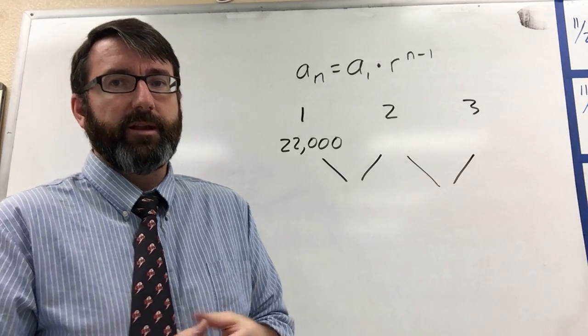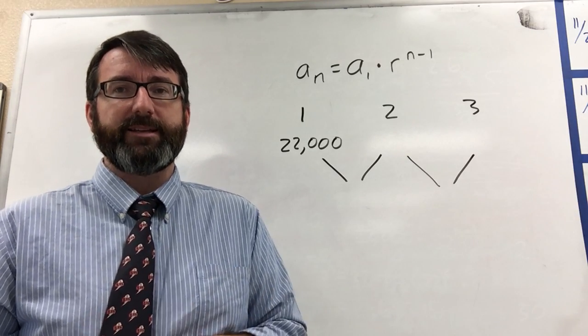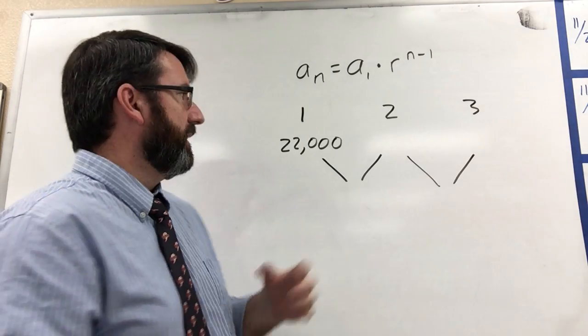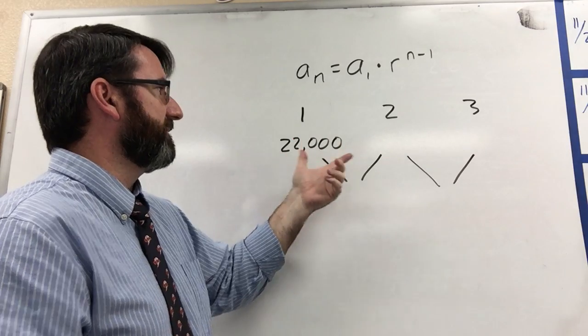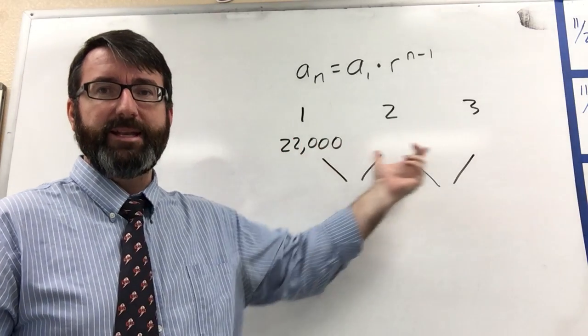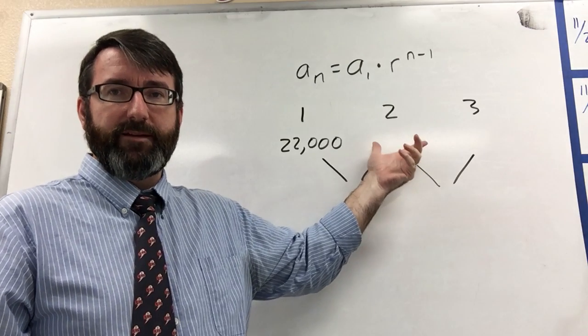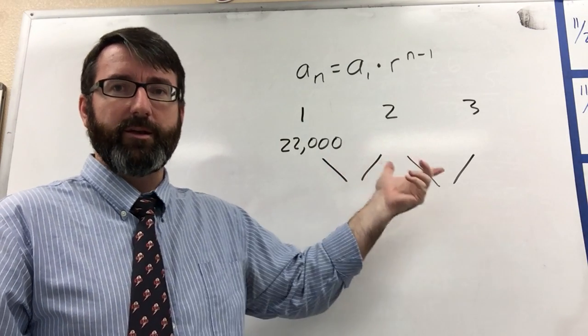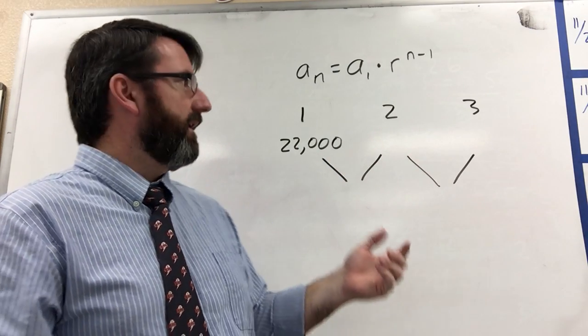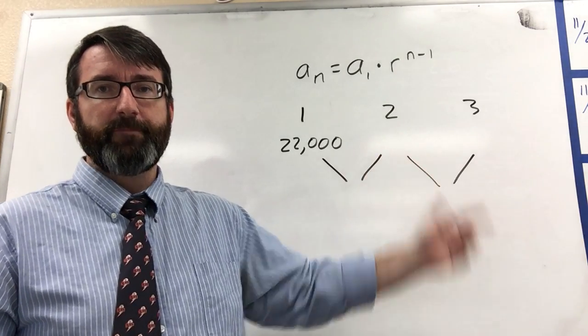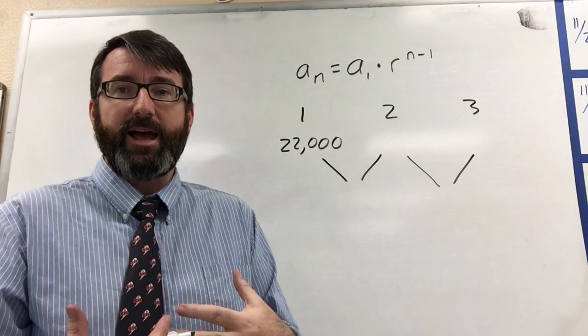Be careful here. Negative 18% is not our common ratio. Because if we multiplied 22,000 by negative 18%, obviously that's going to be a negative number. The car is not going to be worth negative dollars in year 2. It's going to be worth 18% less.